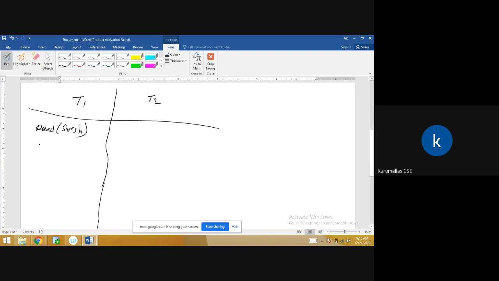Now we decrement 200 rupees from the Suresh account and write the remaining amount into the Suresh account.